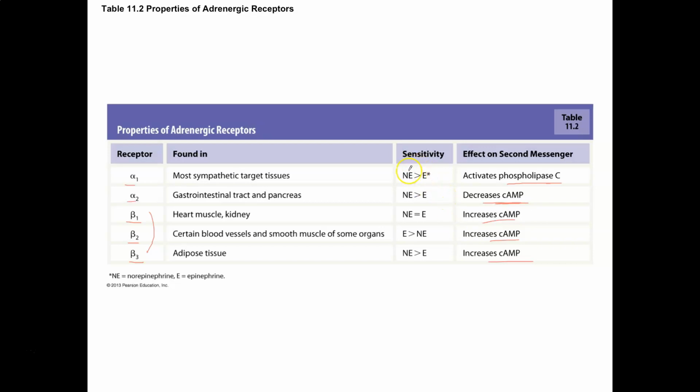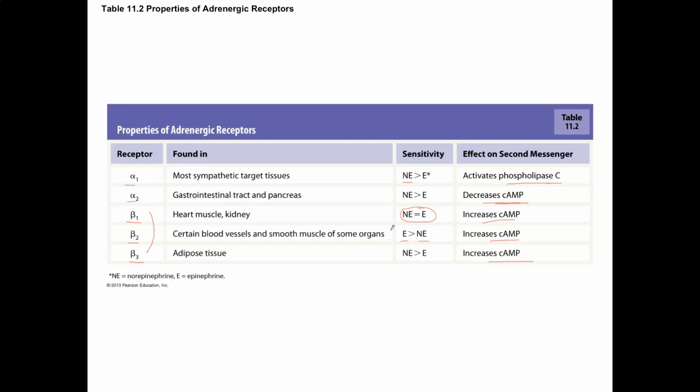You'll notice also the sensitivity. Some receptors are equally sensitive to epinephrine and norepinephrine, whereas sometimes norepinephrine is greater than epinephrine, and sometimes epinephrine is greater than norepinephrine. Epinephrine and norepinephrine are obviously very similar. It just depends on what receptor subtype you're talking about and what kind of effect you're actually going to get.